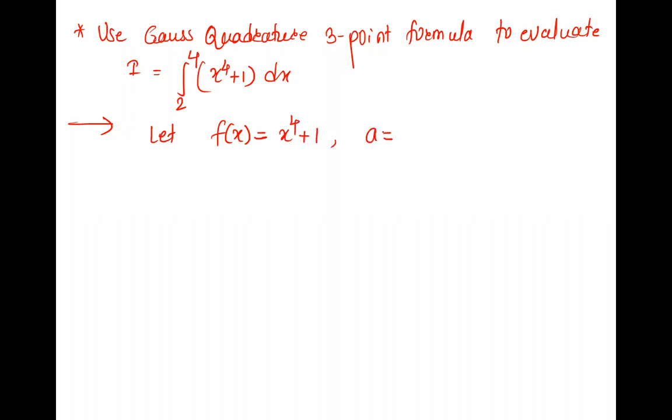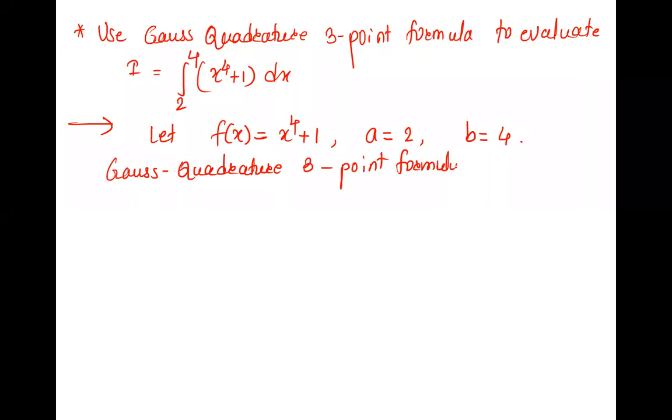What is a? 2. What is b? 4. And Gauss quadrature, 3-point formula. I is equal to the given integral, and the value we'll get is of this I only.